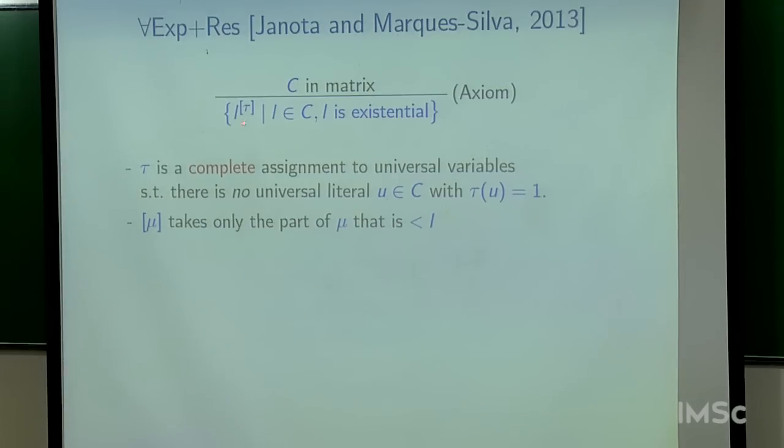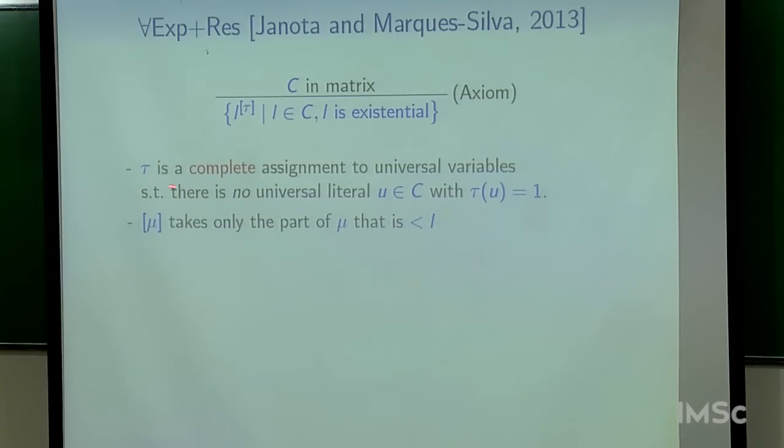We look at all the existential literals in the clause and annotate them by some complete assignment to the universal variables. And there's a condition on this complete assignment, that it cannot satisfy the clause. So this clause has universal variables, and this assignment is not allowed to satisfy it.